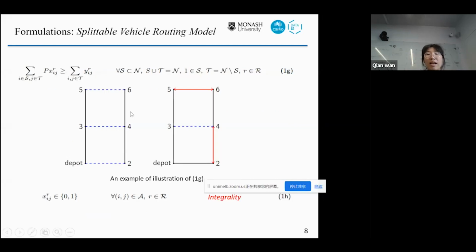1g is a connectivity constraint. Similarly, we provide an example here to illustrate the importance of the constraint. Like we have the depot here, and a robot starts from here to spray the blue dashed line. Without this constraint, the robot starts from the depot and then jumps to node 2, then to 4, then back to 2, and then jumps to 6.